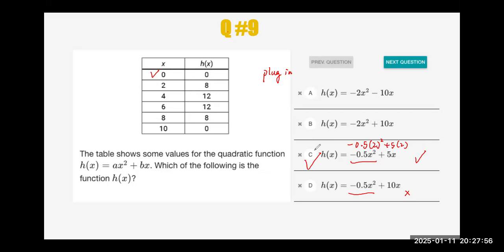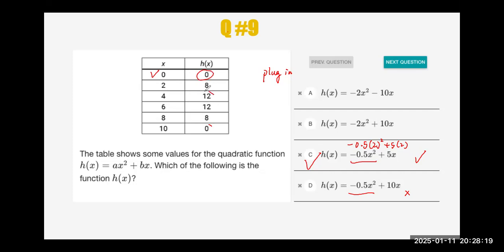Okay, nicely done. You plug in the values to test. Great job. Can I have another student who used a different method for this problem? You can just volunteer. Oh, Ethan, please. Ethan Jiang, go ahead. Yeah, so if you look at the values on the table, you can see that the y value of h(x) repeats between 4 and 6.